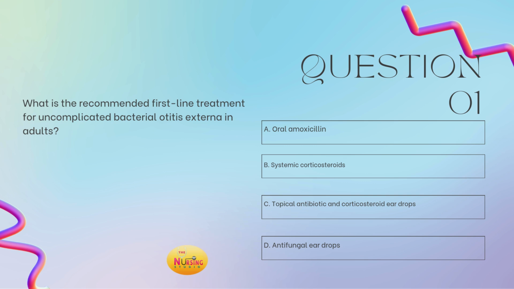It says, what is the recommended first-line treatment for uncomplicated bacterial otitis externa in adults? And your best answer is C. We're going to give them a topical antibiotic and corticosteroid eardrop. So commonly you'll see Cipro and a cortisone drop for the ears, and that is to cover the bacteria as well as the inflammation, okay?